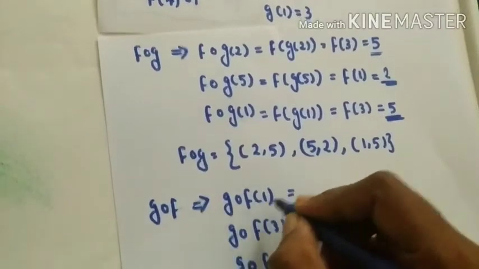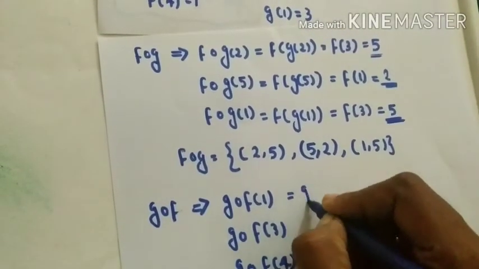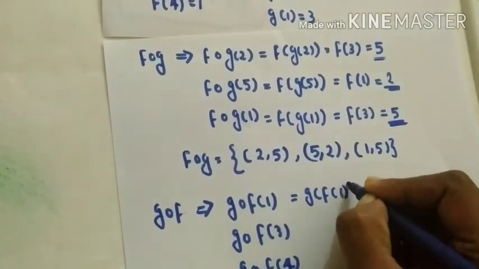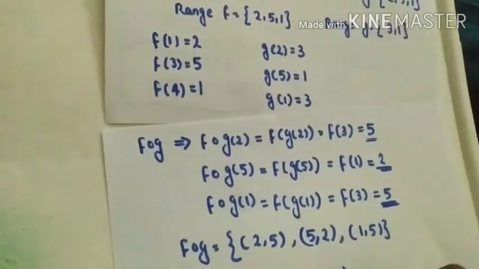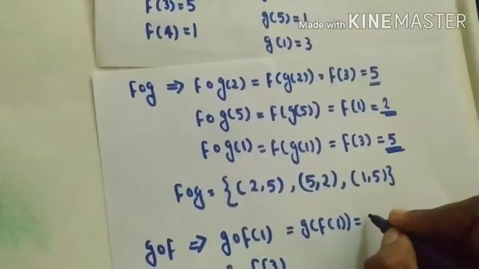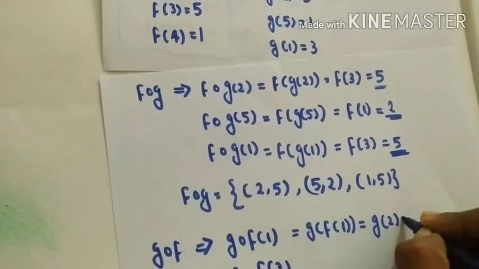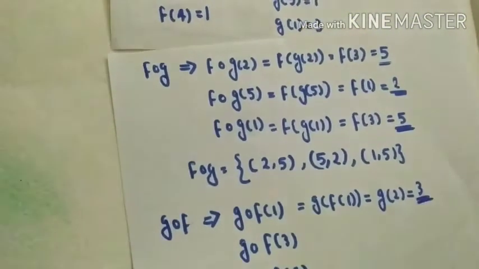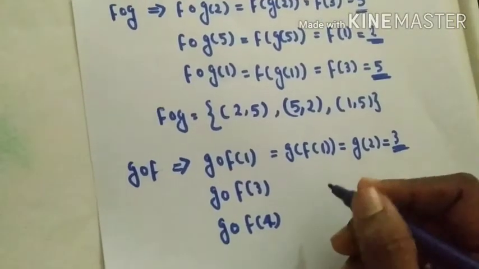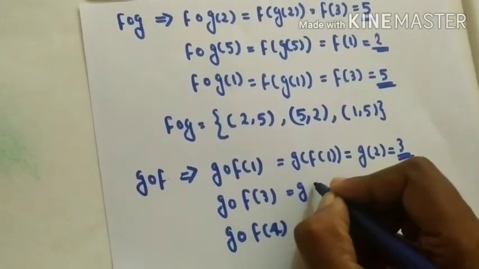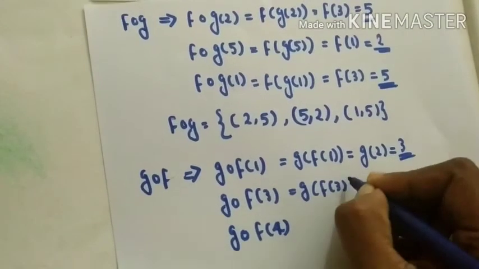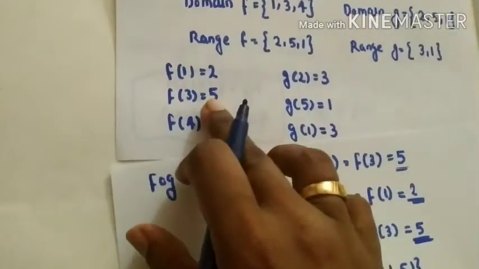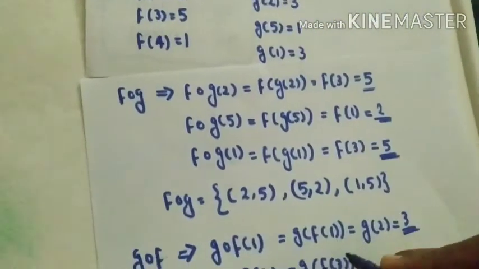Here we know that g of f of 1 is g of f of 1. The value of f of 1 is 2. So substituting here we get g of 2, and we know that g of 2 equal to 3. Next one is g of f of 3. The value of f of 3 equal to 5.